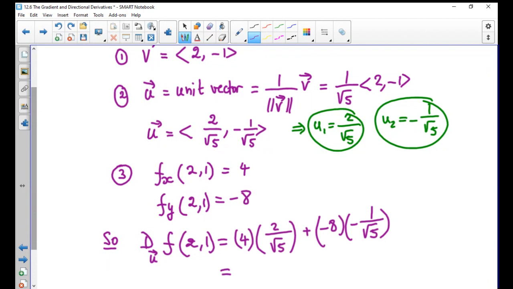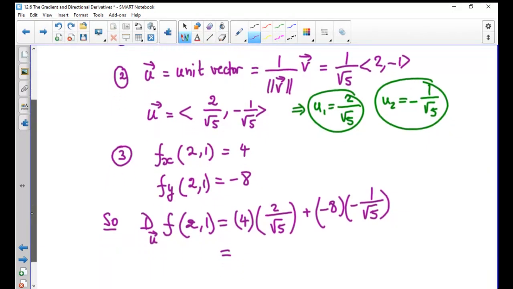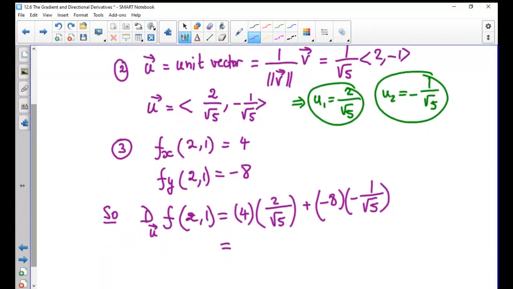And we can do the calculation with your calculator. Can you do it, please? And give us the answer.